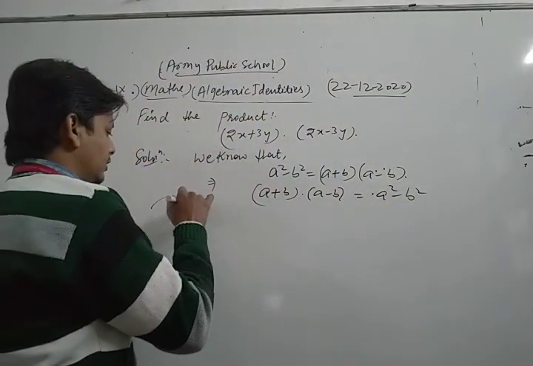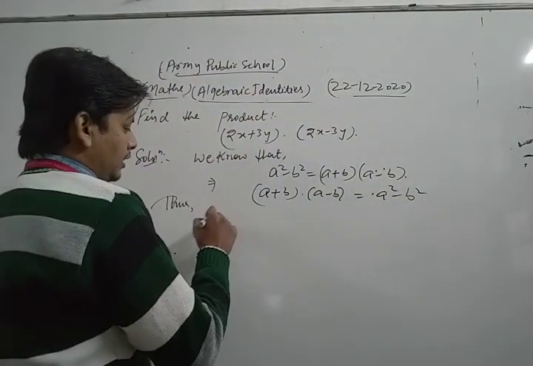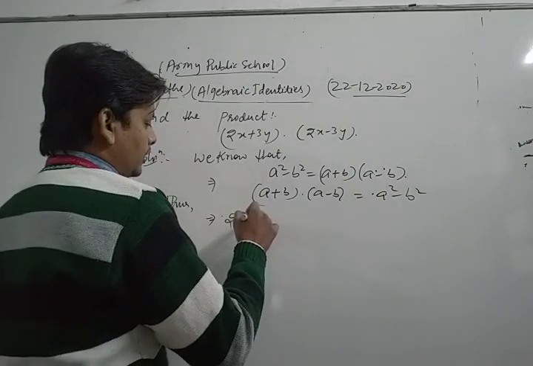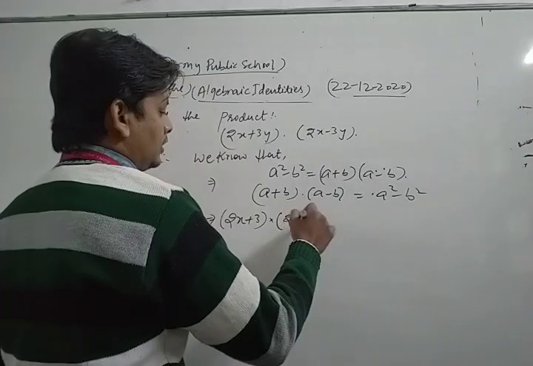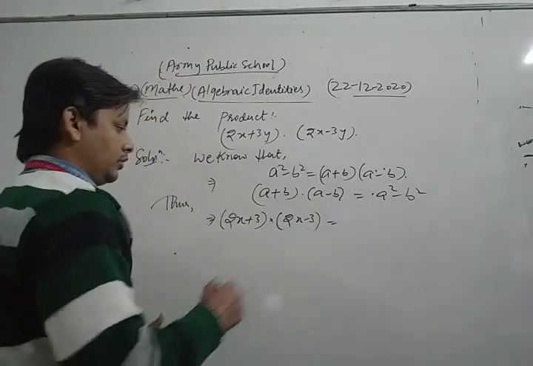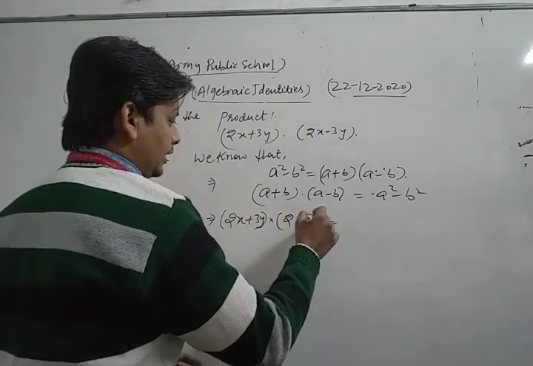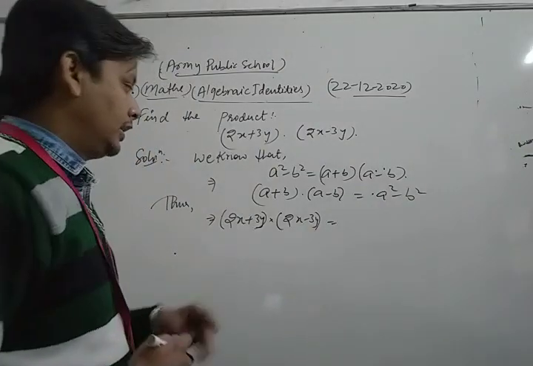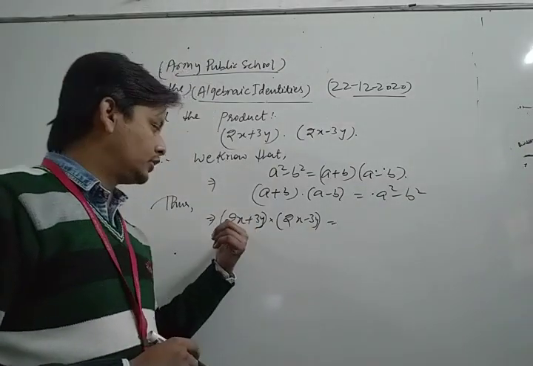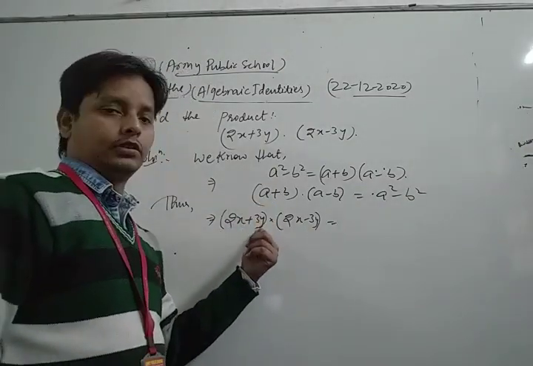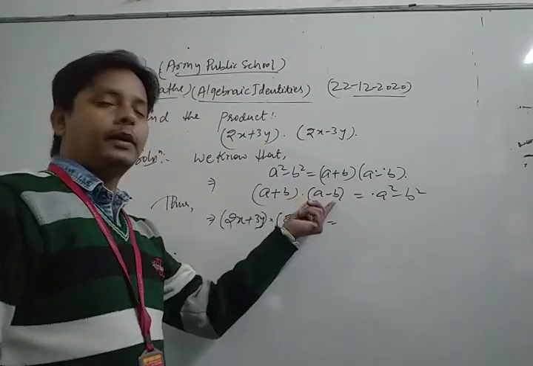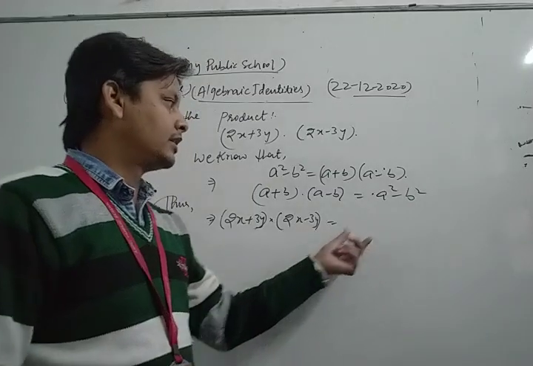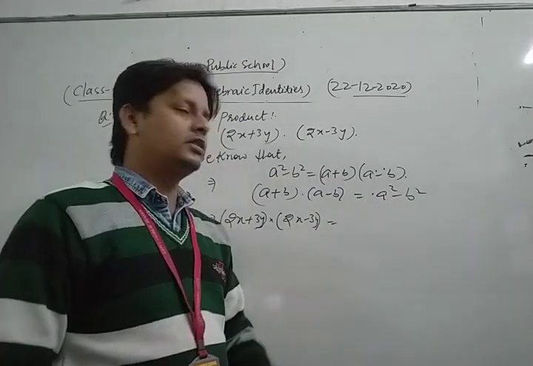Thus, from the question, this is 2x plus 3y into 2x minus 3y. Now let's see, the value of a here is 2x, and the value of b is 3y. So this question is in the form of a plus b into a minus b, and we can write it as a square minus b square.